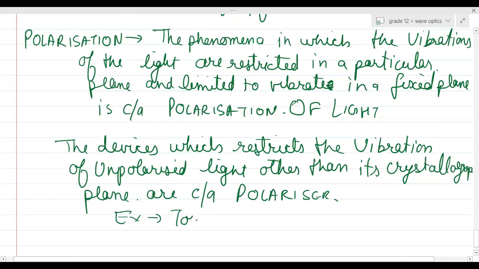Example, there is something called a tourmaline crystal. There are many others as well, but I don't remember the names.